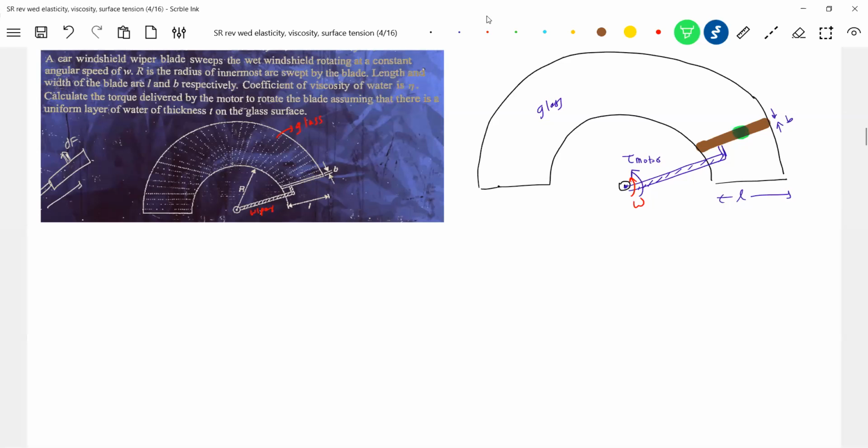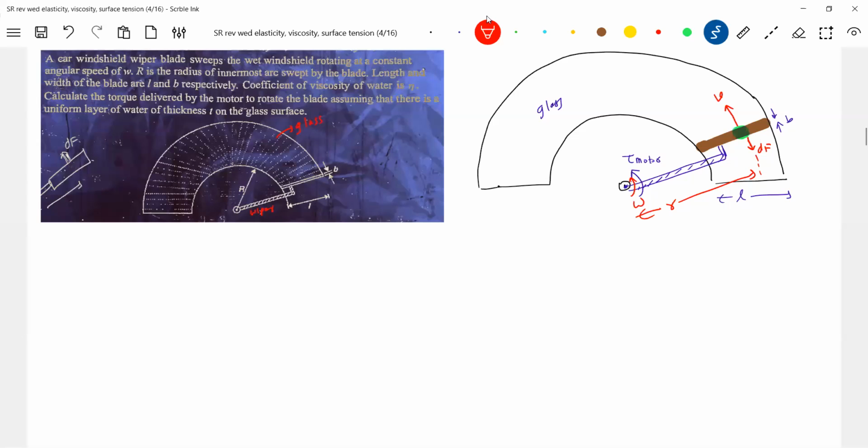What is the speed of this element? Let it be V. Let this element be located at a distance R. How will the viscous drag be acting on this small element?